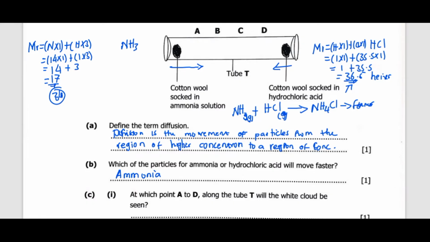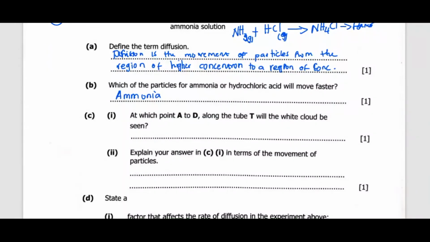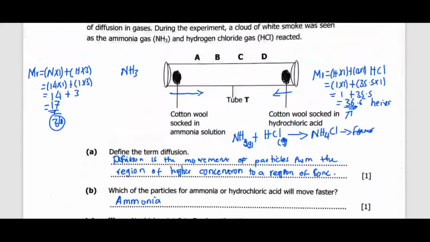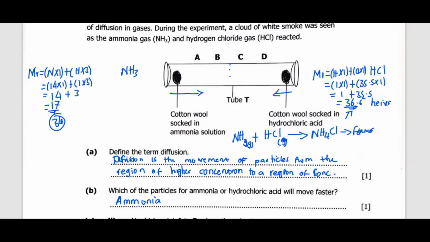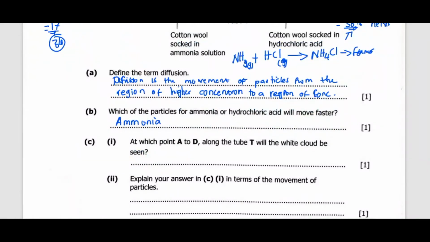So the speed of ammonia will be about twice as much. So we are expecting these two to meet at point C or D. So twice will be, because the half is here, between C and D.